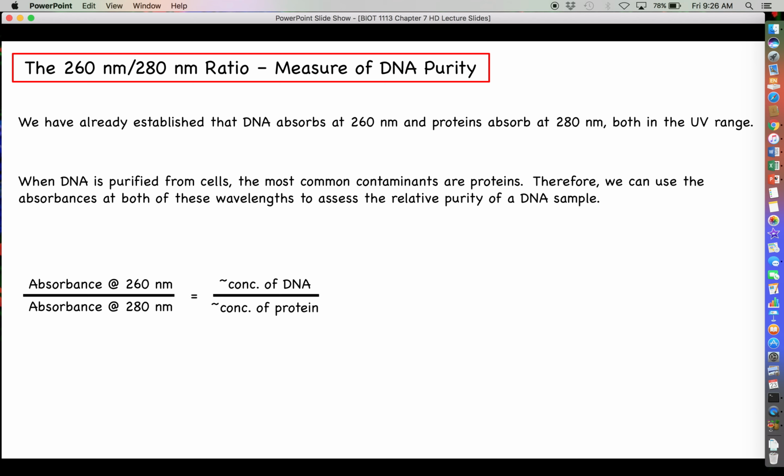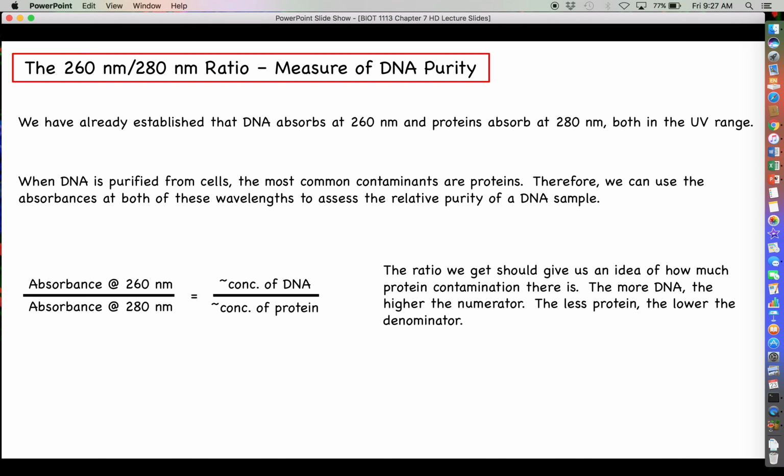So what we want here is to get both absorbances, the absorbance at 260 and the absorbance at 280, and then just have the absorbance at 260 in the numerator, which is roughly speaking about the concentration of the DNA, and the absorbance at 280 in the denominator, which is roughly related to the total concentration of protein.